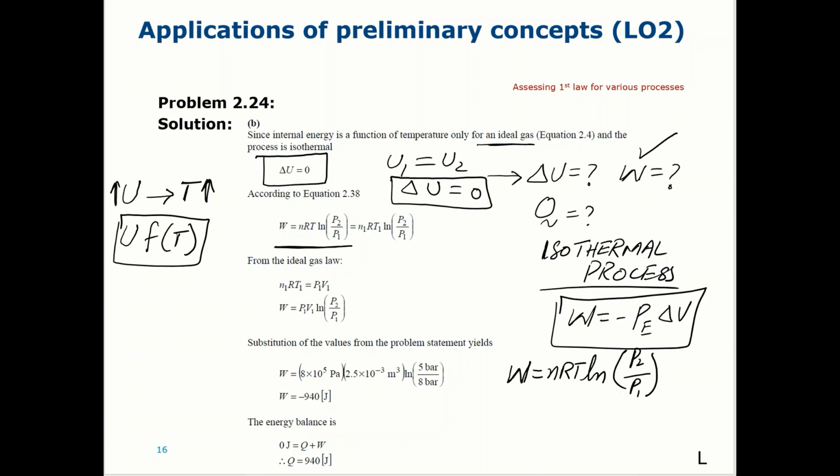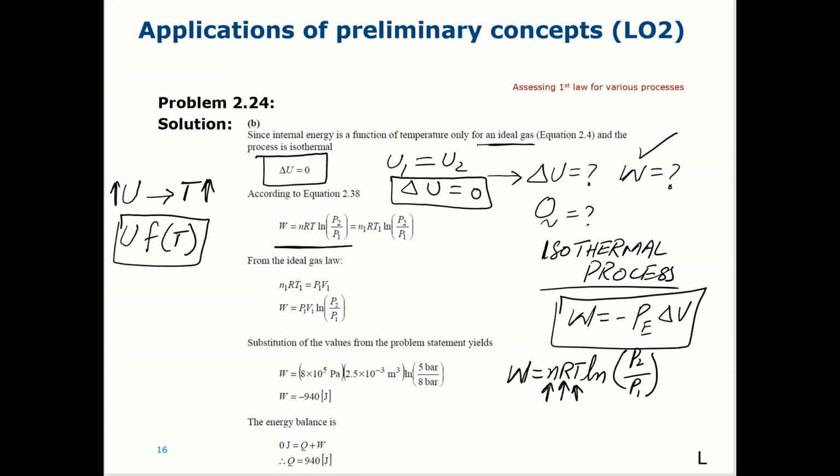Now, if we see this, do we have number of moles? Maybe not. Do we have universal gas constant? Answer is yes. Do we have temperature? Answer is no, but we have indirect information that it's an isothermal process. But what is the temperature?